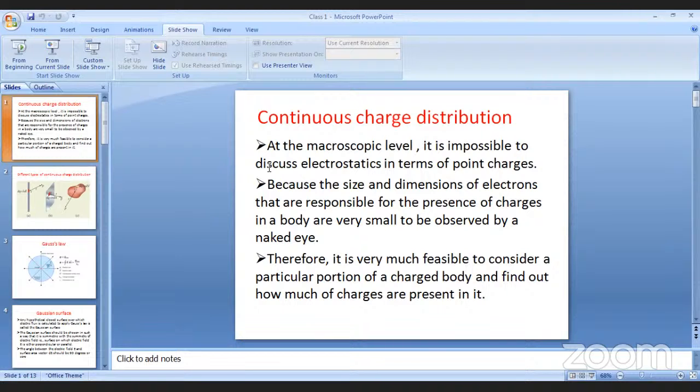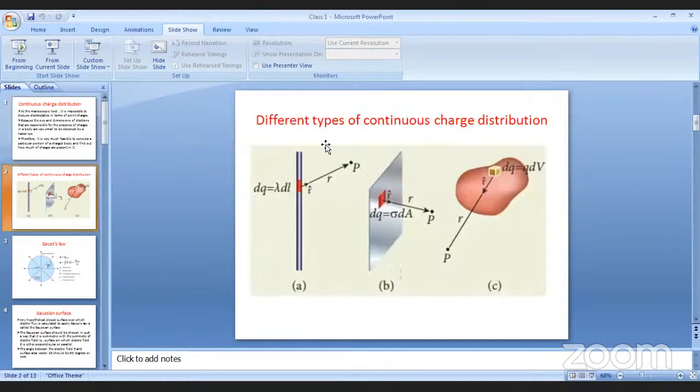At the macroscopic level, there are three types of continuous charge distribution, and here on screen, you can see the different types.